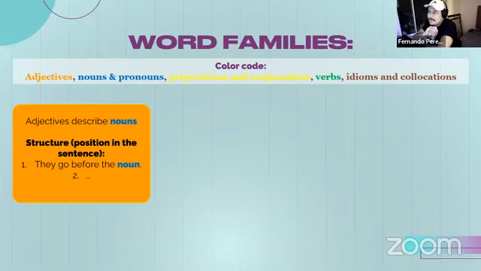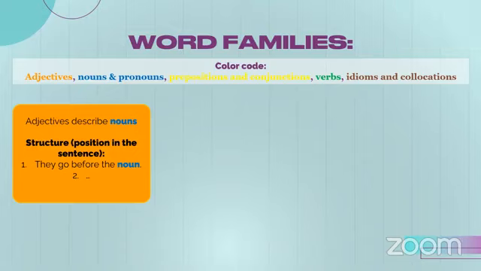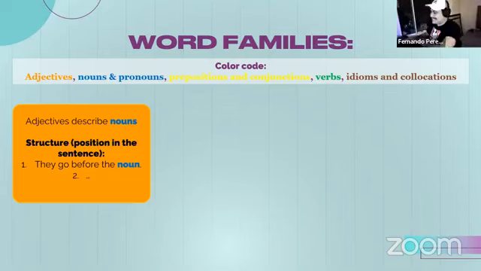I'm going to give you an example, and you tell me where the position of the adjective is. My house is small. The adjective is after the verb to be. That's it. And this is the standard position of the adjective. The adjective goes after the verb.